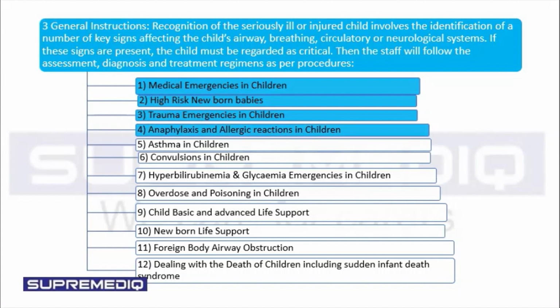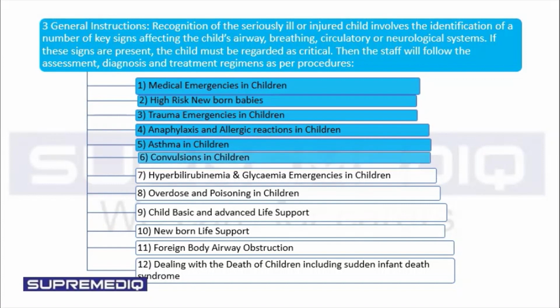1. Medical emergencies in children. 2. High-risk newborn babies. 3. Trauma emergencies in children. 4. Anaphylaxis and allergic reactions in children. 5. Asthma in children. 6. Convulsions in children. 7.